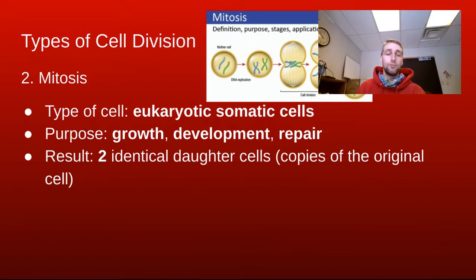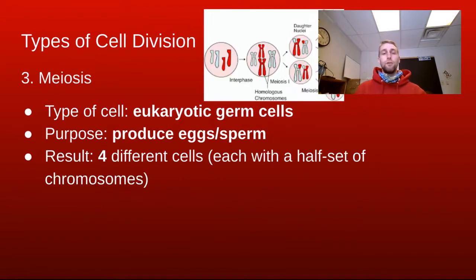And it's not quite so simple as just copying and splitting because these cells are going to have multiple chromosomes and they have a nucleus, and there are additional steps that have to be taken care of to make sure you get two copies of that. Mitosis occurs anytime a eukaryotic organism would want to replace, repair, or grow and add more cells to itself.